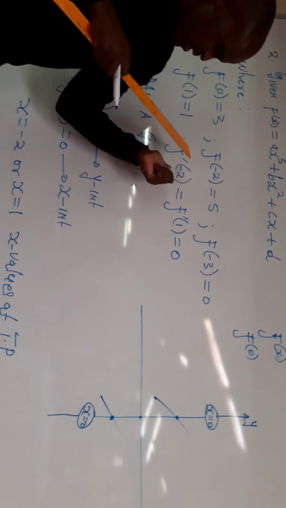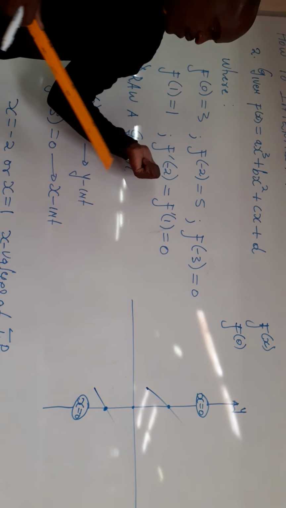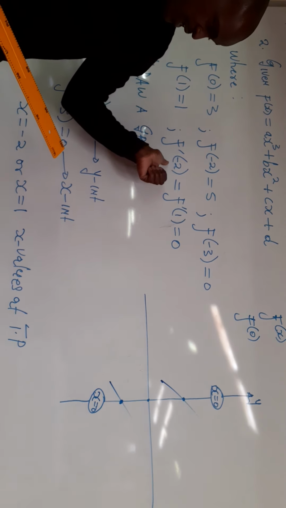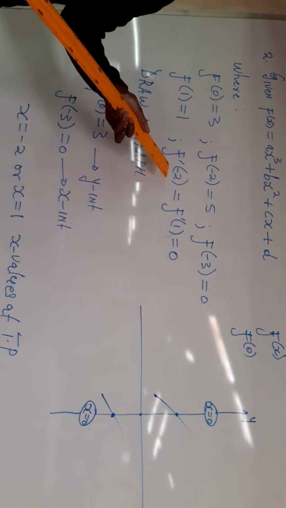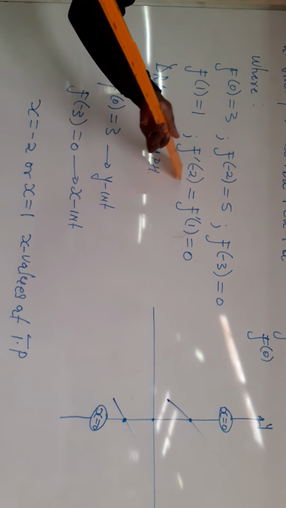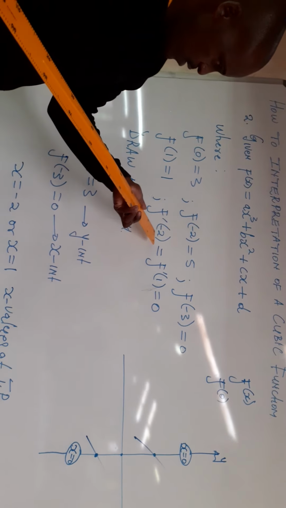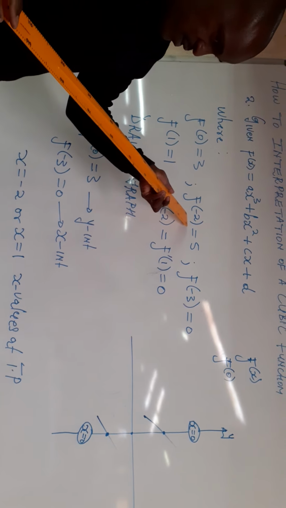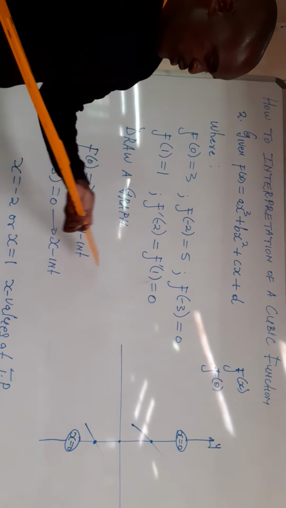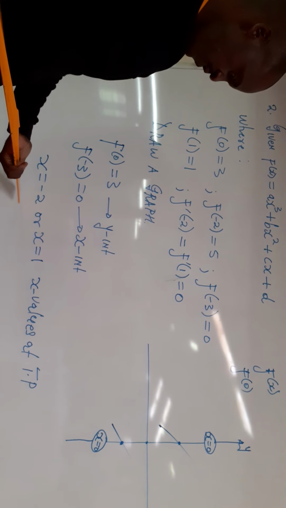Let's check now if they've used same values of x somewhere. F at negative 2. The gradient at negative 2. When do we use the x value at the turning point?